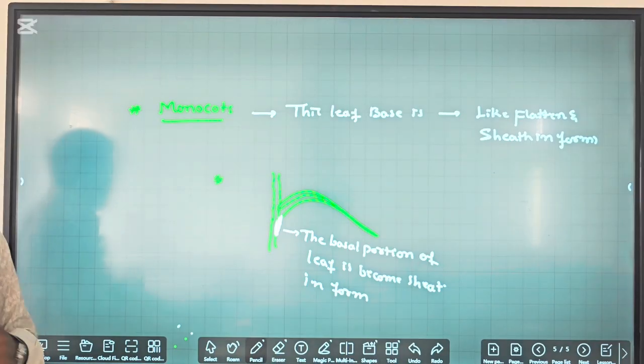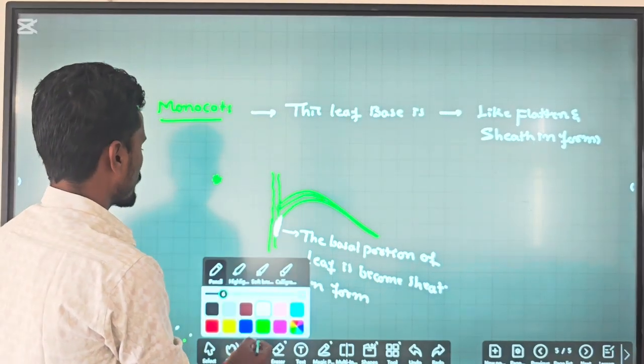Next, there is another important structure.